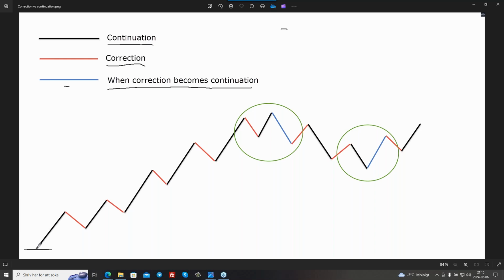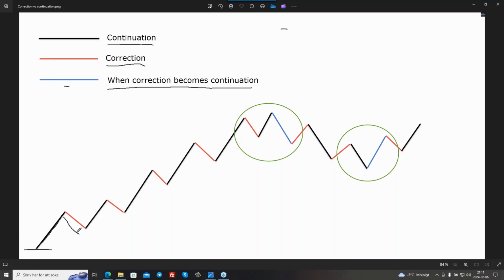So when price is in a continuation mode, at some point price will be pulling back, retracement, pullback, correction, whatever you want to call it. So you need to identify if the chart you are looking at on your higher time frame is in a continuation mode or in a correction mode.